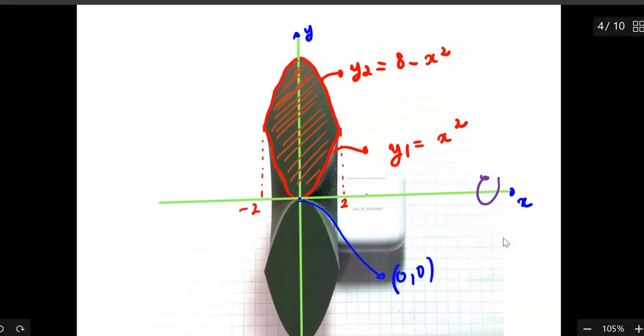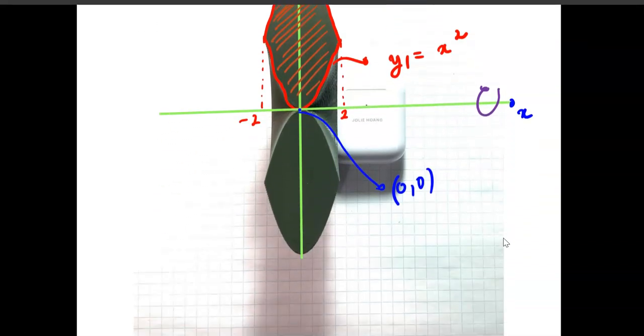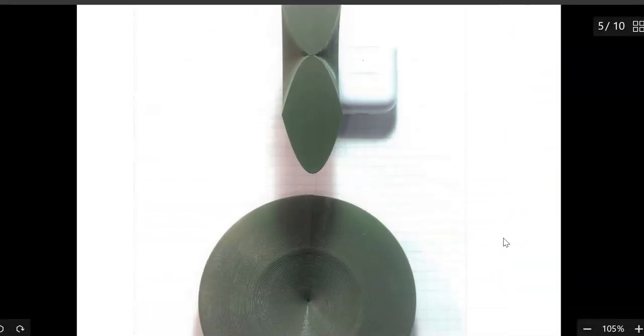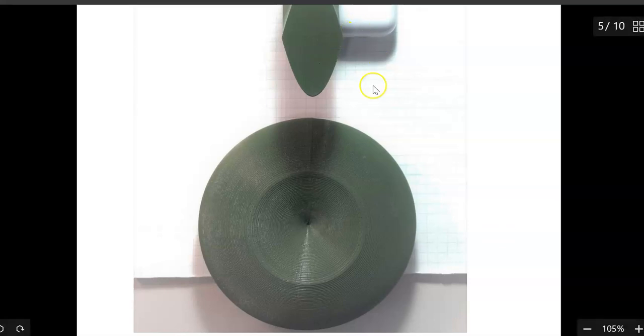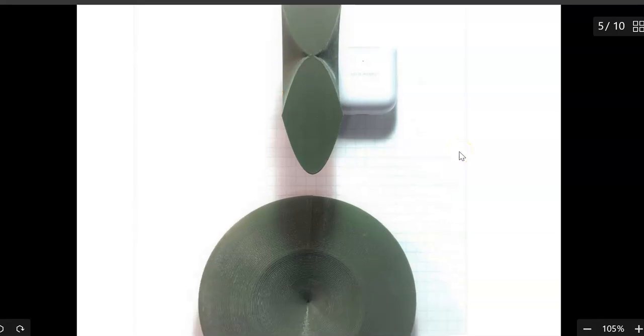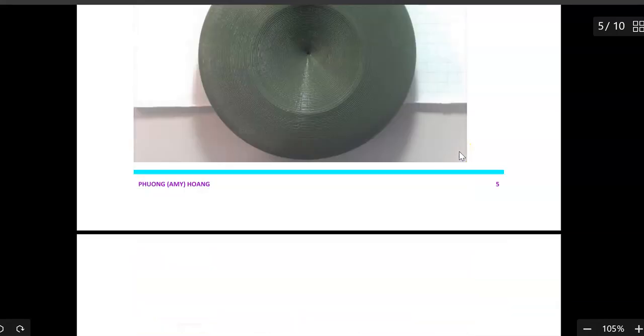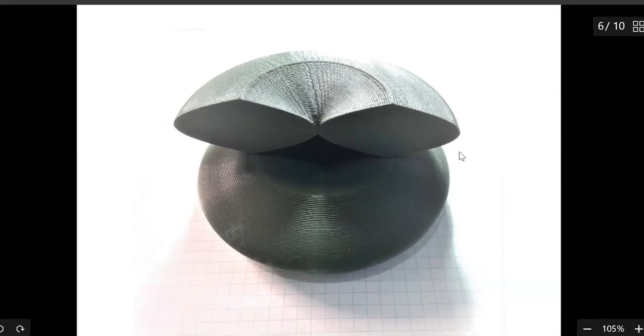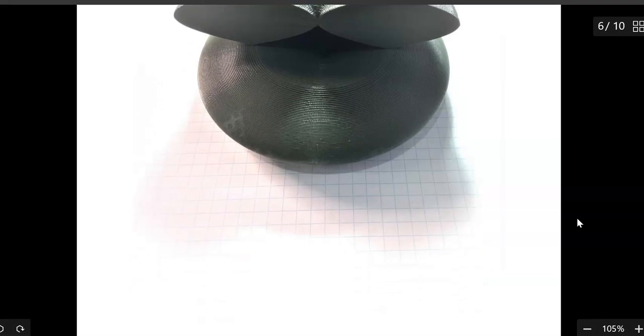This one is our example number 2, and we are going to have a shape that looks like this. This is the cross-section area, half of this solid, and this one is a full solid. Let me place them on top of each other for you to see what they look like.